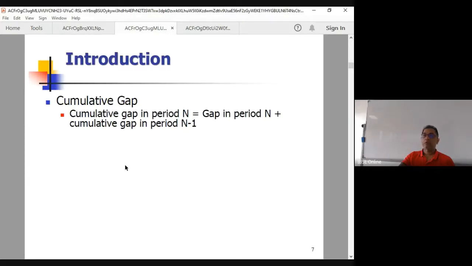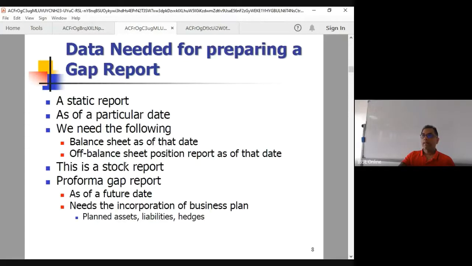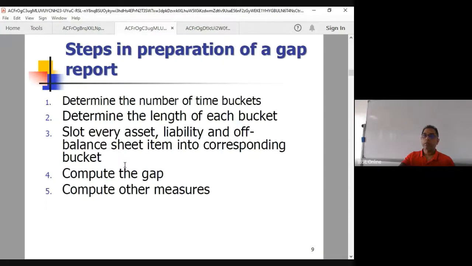So it's the gap position at time n, which is a certain time, minus 1, which is the one previous to that. Then we went into looking at the report itself and how you formulate that report. So what we mentioned is you have to figure out a few things before you get into a gap report.